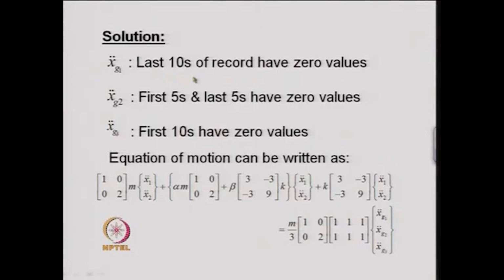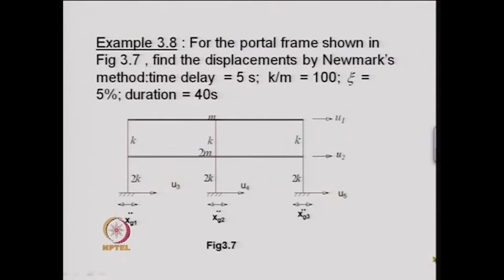The last 10 seconds of record have 0 values for the first support. That means, when all the 30 seconds have passed through this point, the next 10 seconds of the time history of excitation would be 0.